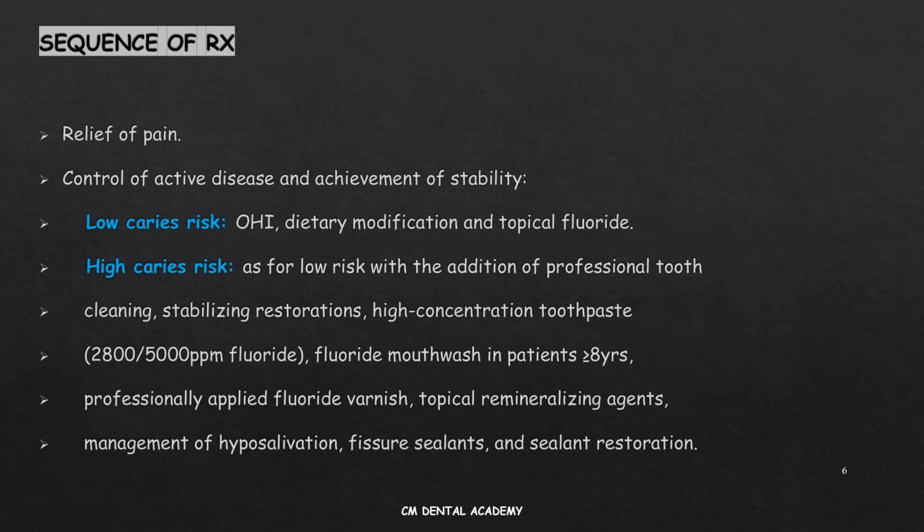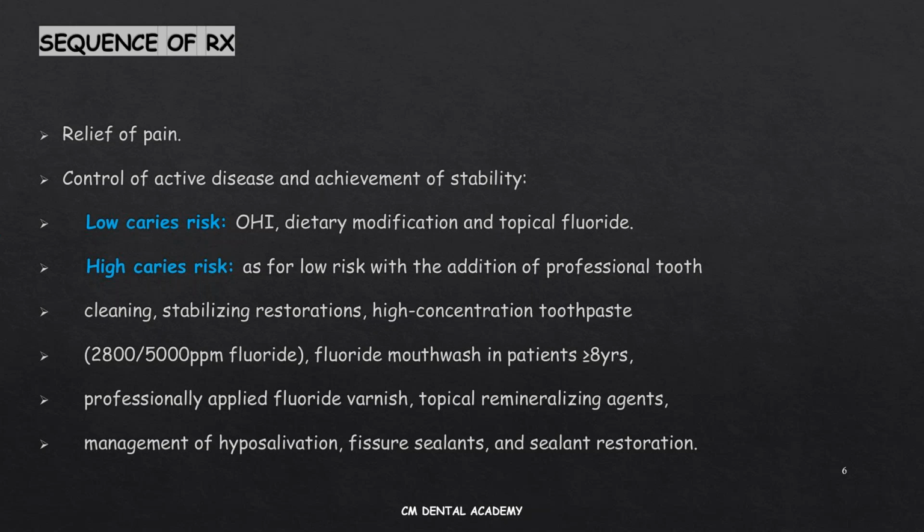In case of low caries risk patients, oral hygiene instructions, dietary modifications and topical fluoride application have to be conducted. If the patient is high caries risk, along with these, that is oral hygiene instructions, dietary modification and topical fluoride, addition of professional tooth cleaning like ultrasound scaling, stabilizing restorations if required, high concentration toothpaste containing fluoride 2800 to 5000 ppm, then fluoride mouth rinses in patients above 8 years of age.